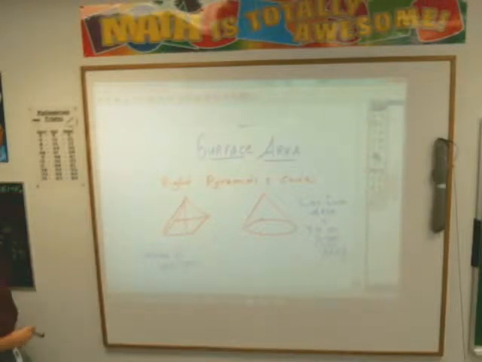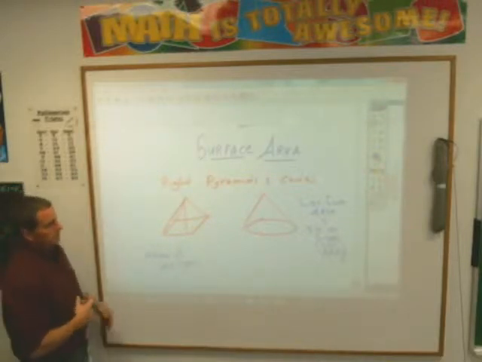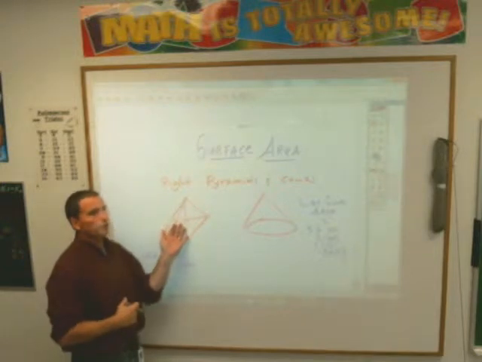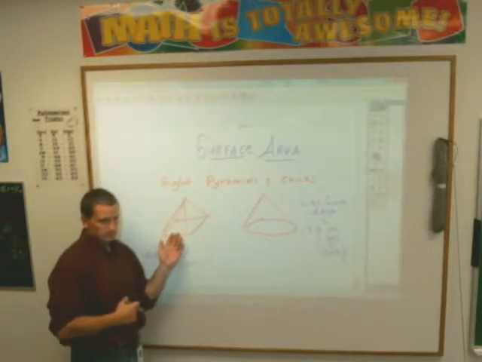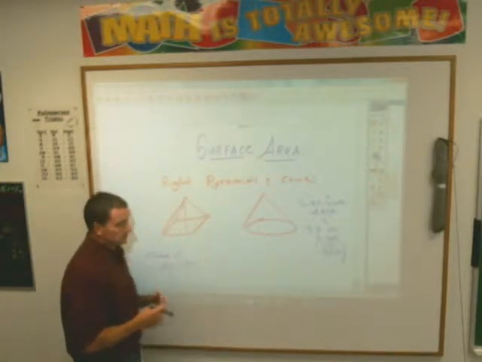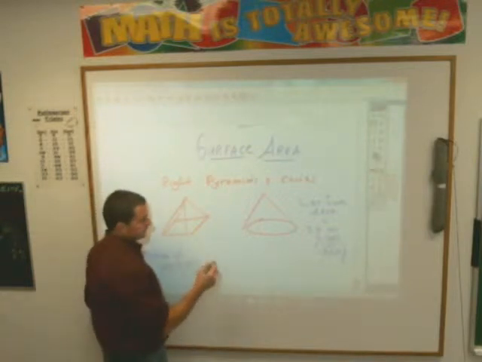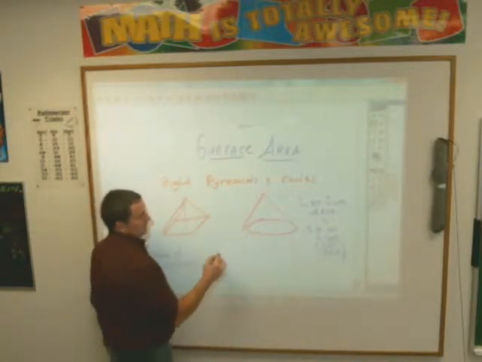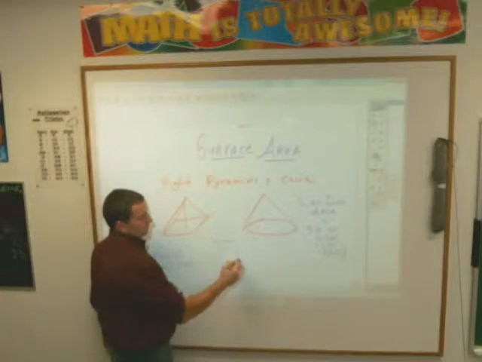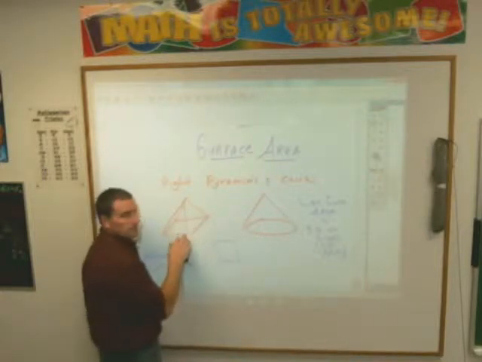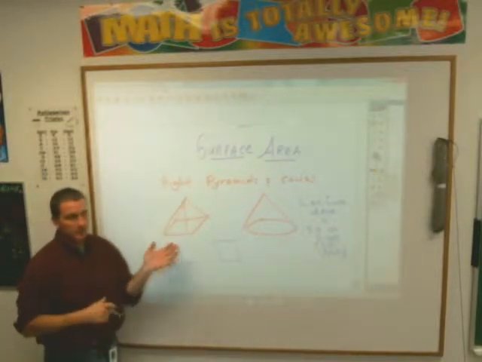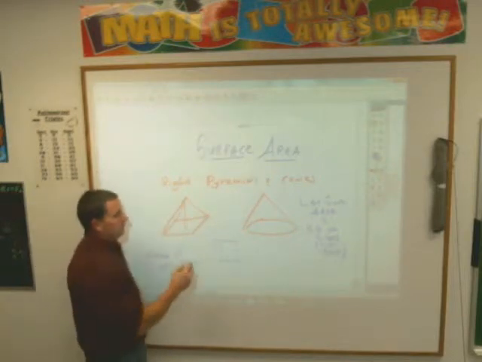So really, if you think about this little shape here, and if you were drawing a net, has anybody ever heard of a net? If you had a pyramid box and you cut it so that you could unfold it, it would look like this.